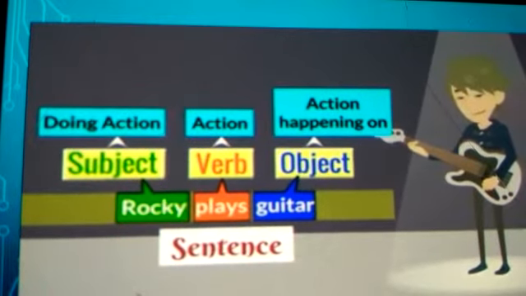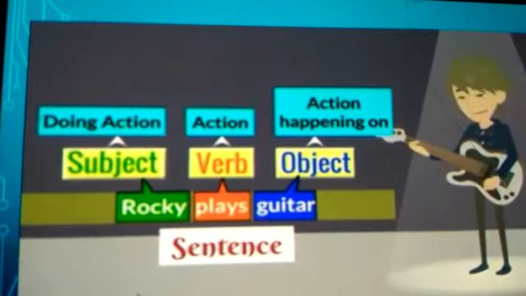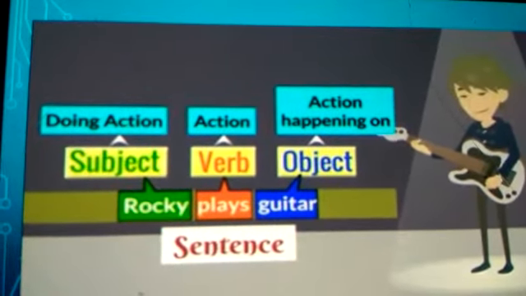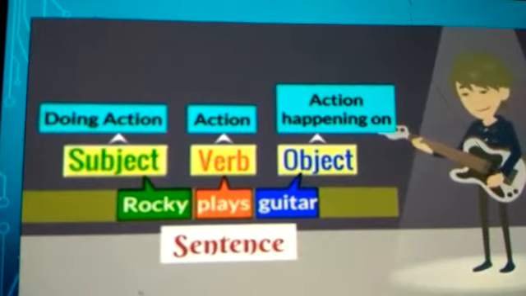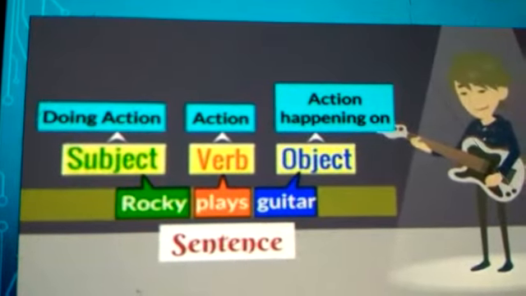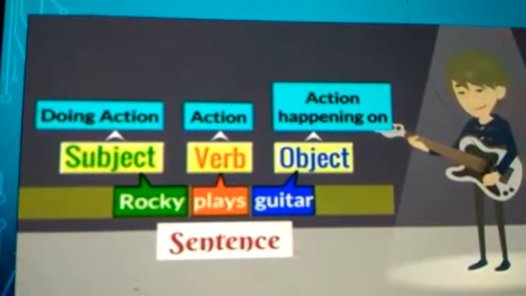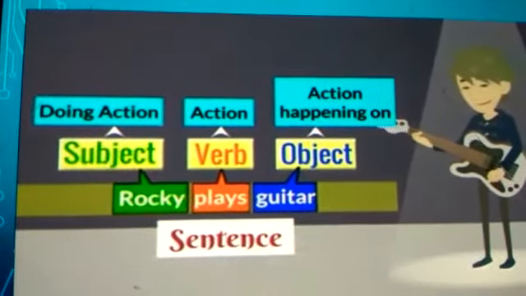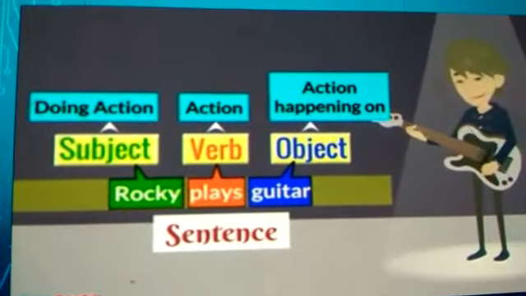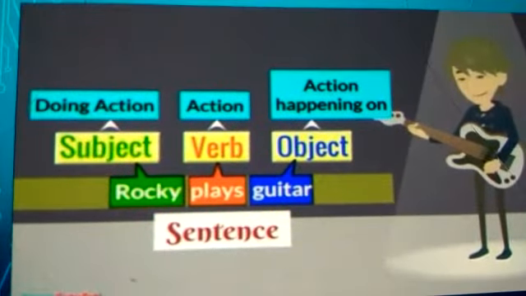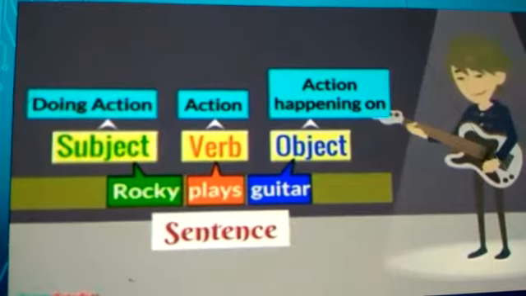And action happening on what? Action of playing is happening on guitar. So guitar will be the object. Remember, subject is the doer of action and object is the receiver of action. And both are noun or pronoun.